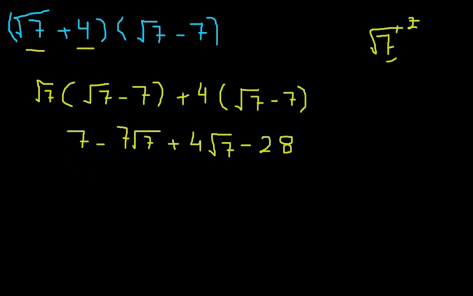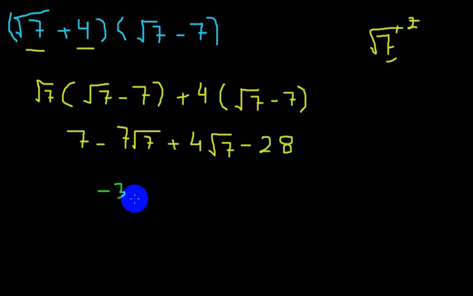Okay, now I'm going to simplify it. For simplifying it, we need like terms. So this 7 and this 28, these both are like terms, so we can add them. And then these square roots are like terms because both have square root 7, so I can add them. So what is negative 7 plus 4? Negative 7 plus 4 is negative 3.